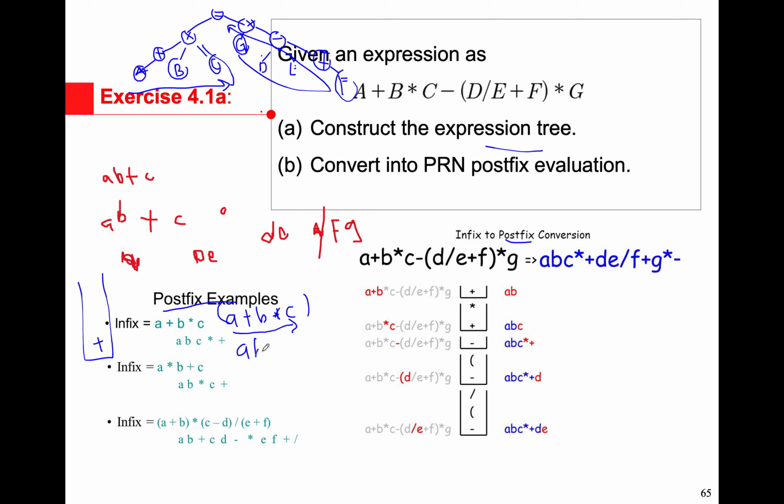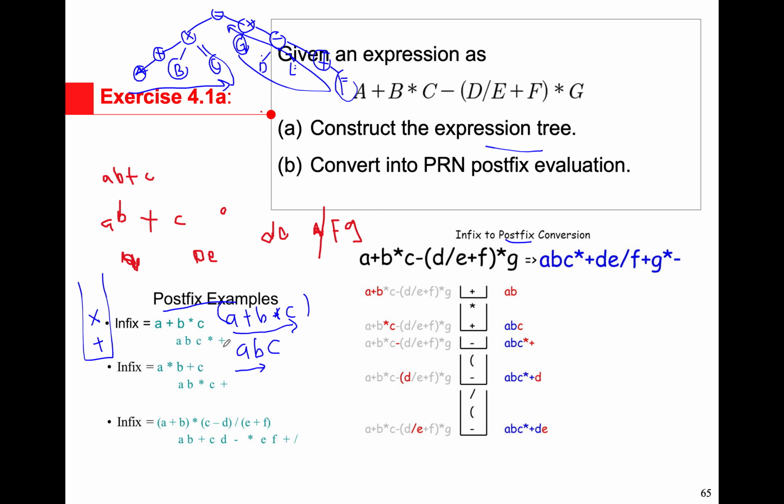Then you meet your B. After you meet your B, you're going to meet your multiplication. You're going to store it into your stack. And to the right again, you have the C. So you finish all from left to the right. Now you're going to do your parents.